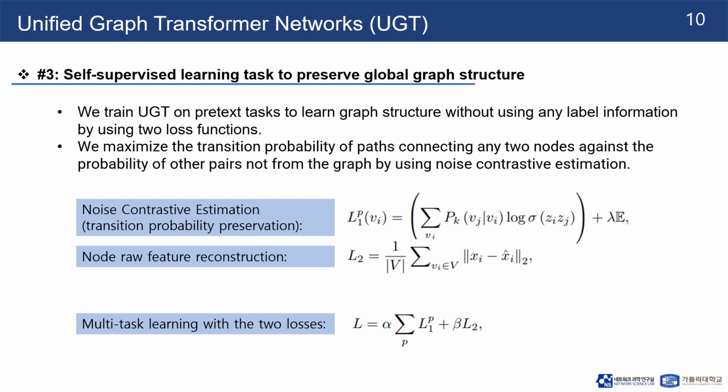We maximize the transition probabilities of paths connecting any two nodes against the probabilities of other pairs not drawn from the graph by using noise contrastive estimation. Here, we use noise contrastive estimation to preserve the transition probabilities, and the node raw feature reconstruction.